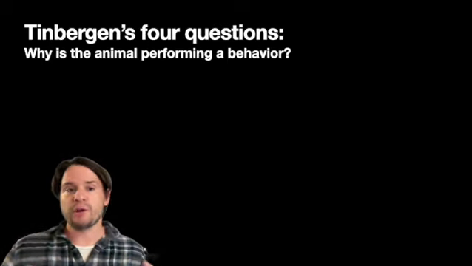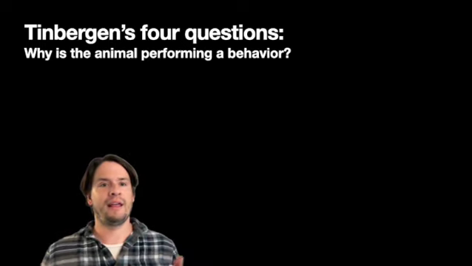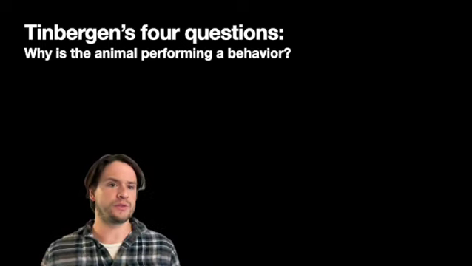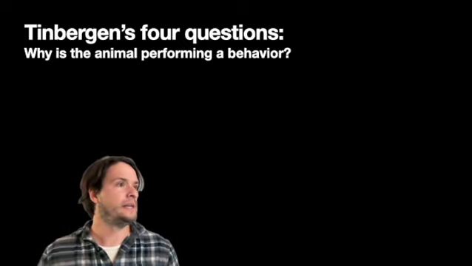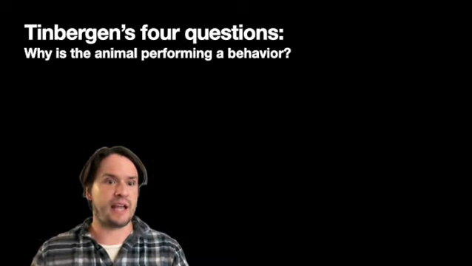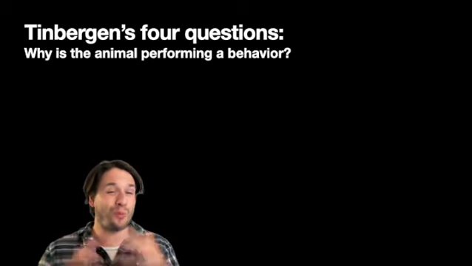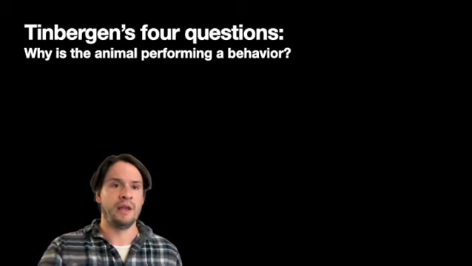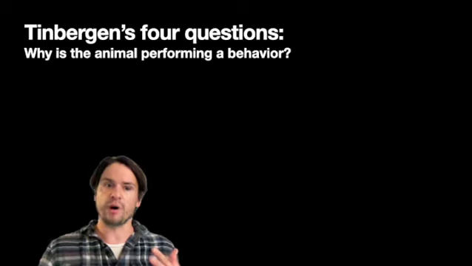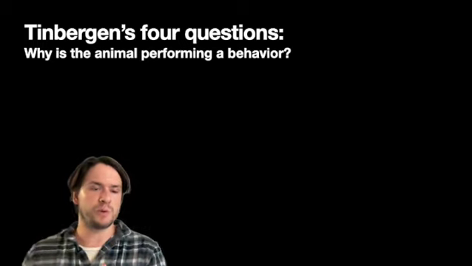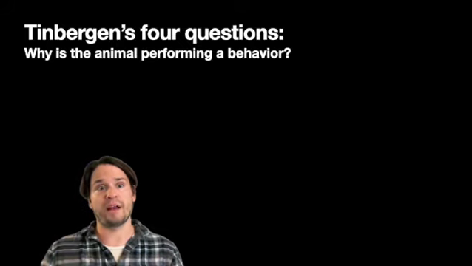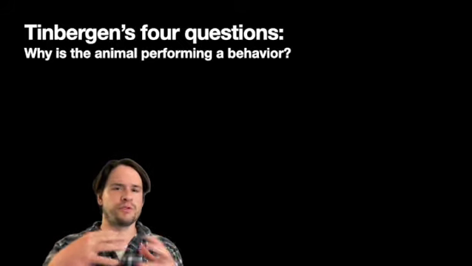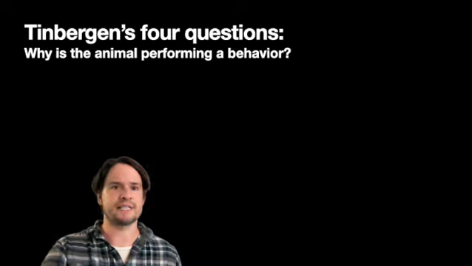In general, if we think about why animals are doing particular behaviors, this is really a central question in animal behavior. You see a praying mantis outside trying to capture prey, and you can ask, well, why is the organism doing it? One nice framework for thinking about the different ways in which we can answer that question of why a behavior happens was provided by Niko Tinbergen, with these four questions or four levels of analysis.